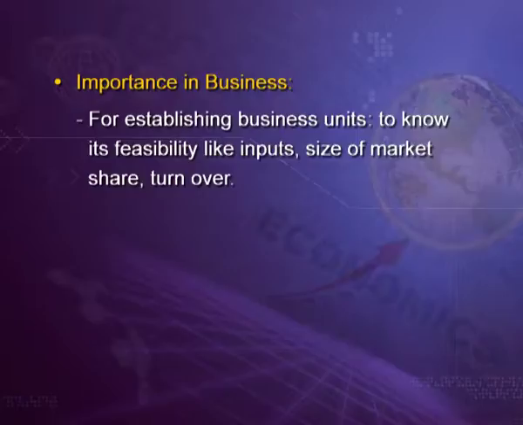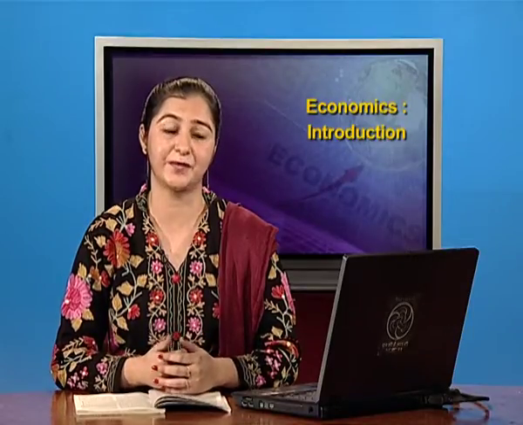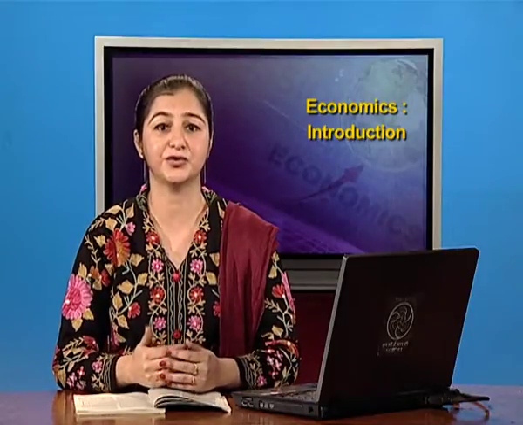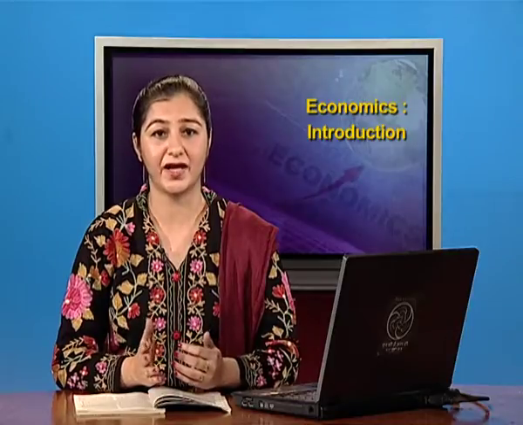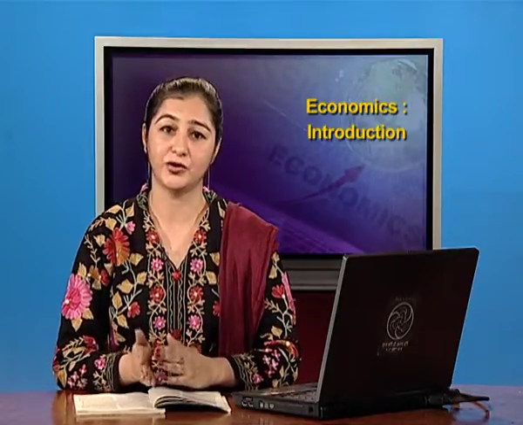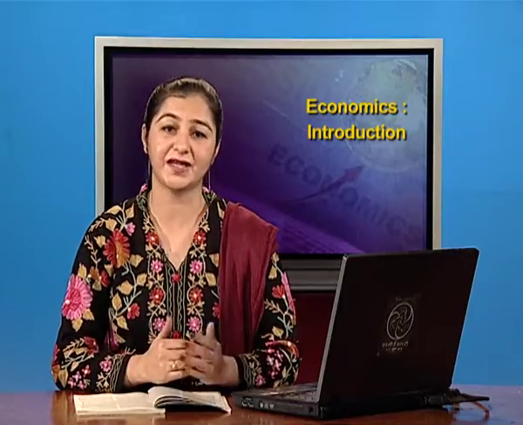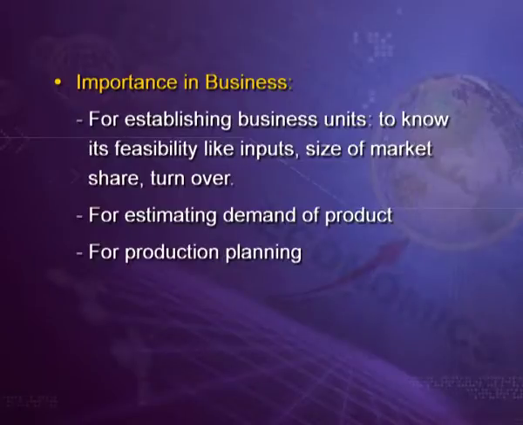Another aspect is estimating the demand for the product. For example, if a producer wants to set up a business unit, he needs to know what the demand for his commodity will be, so that he can produce that much quantity in order to avoid wastages as well as shortages. The next one is production planning.